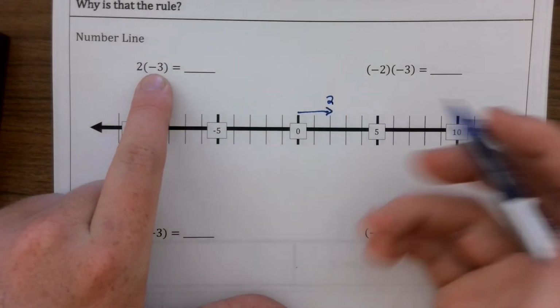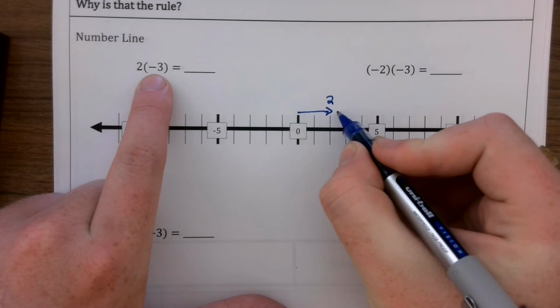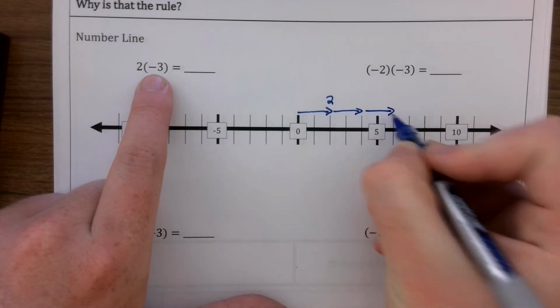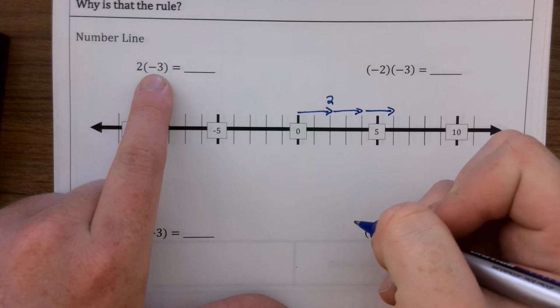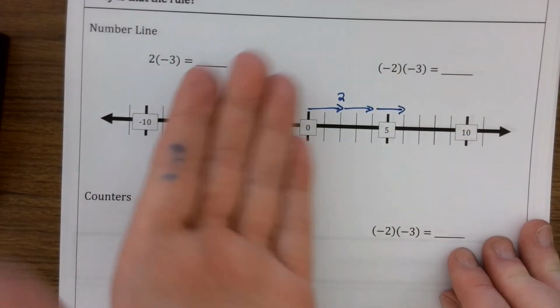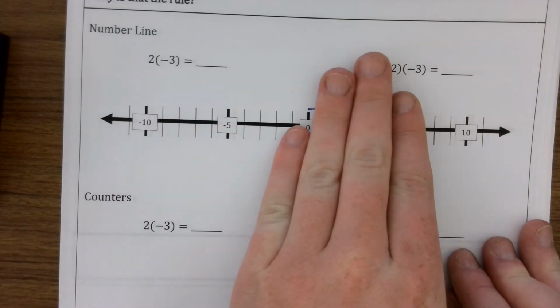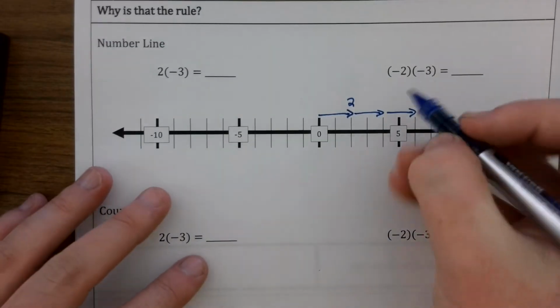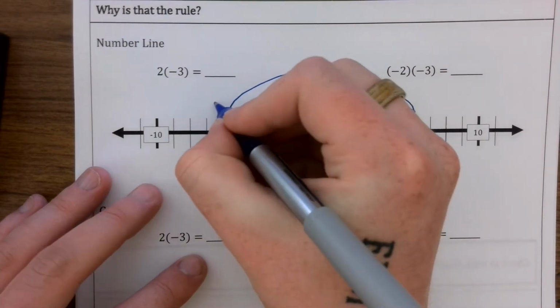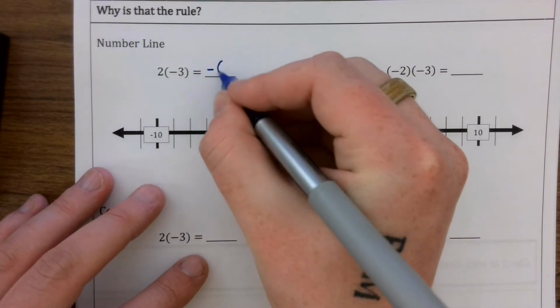I'm multiplying it 3 times, so I need 2 more of these, because here's 1, 2, 3. But then that negative sign tells us that we have to take this and flip it to the other side of 0. So we're going to take this and flip it over kind of in our brains. So this is going to end up going bloop right here to negative 6.